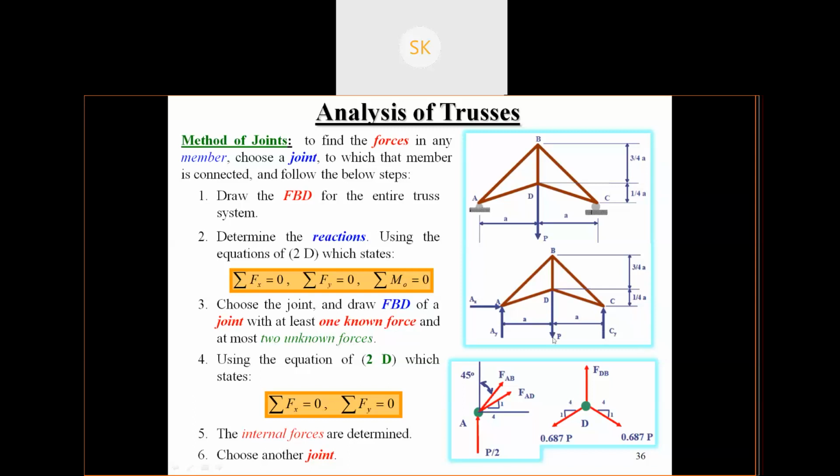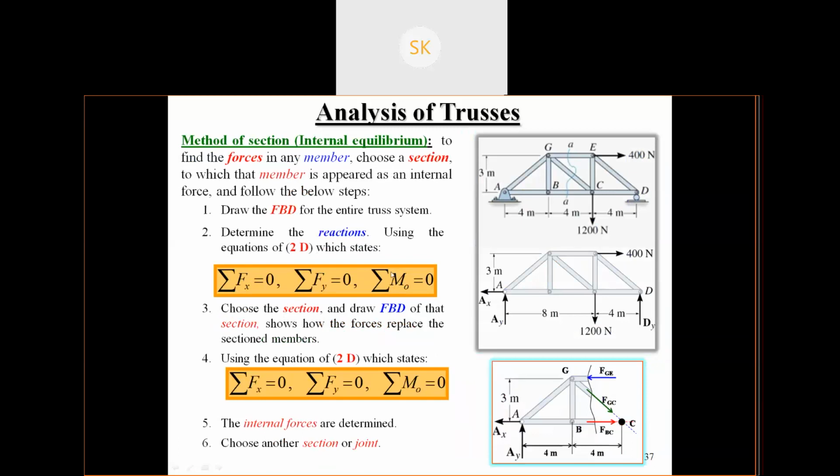The P value will be given to you. This is the external force, right? They have applied a load on that member D, so on D you will know the P value. Then you have to find the other forces. You'll understand when you do the numerical, but this is the procedure.